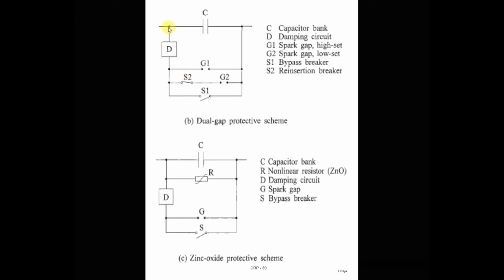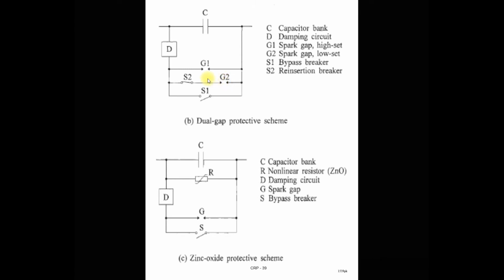The whole fault current is bypassed through the damping circuit, S2 and G2 during the fault condition. The function of G1 and S1 is to act as a backup protection for this fault current. So how is the reinsertion provided in this case?